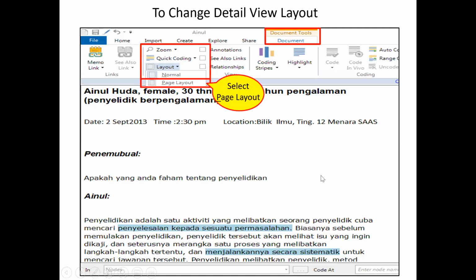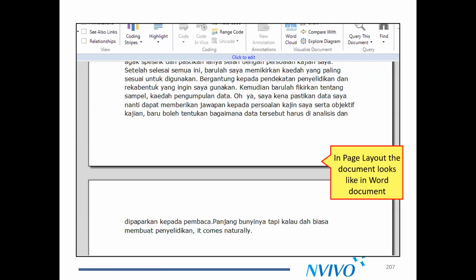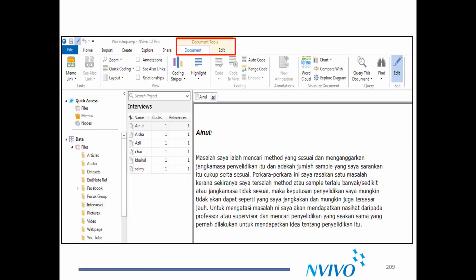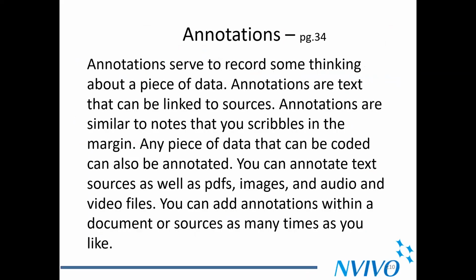We changed the page layout in the document. This is the annotation that you have done. It serves as a record of some thinking about a piece of data. Annotations are text that can be linked to sources, similar to notes and scribbles in the margin of any article. A piece of data that can be coded can also be annotated. You can annotate text sources as well as PDF, image, audio, videos, and so on.